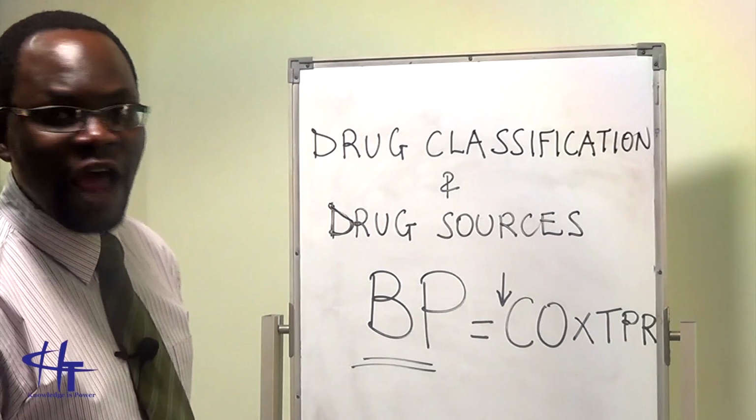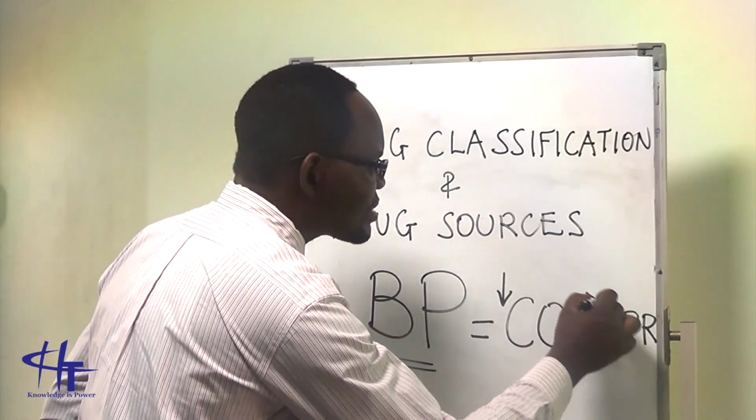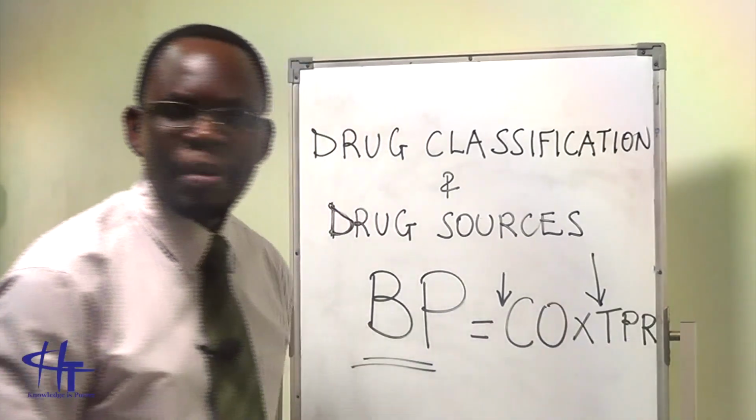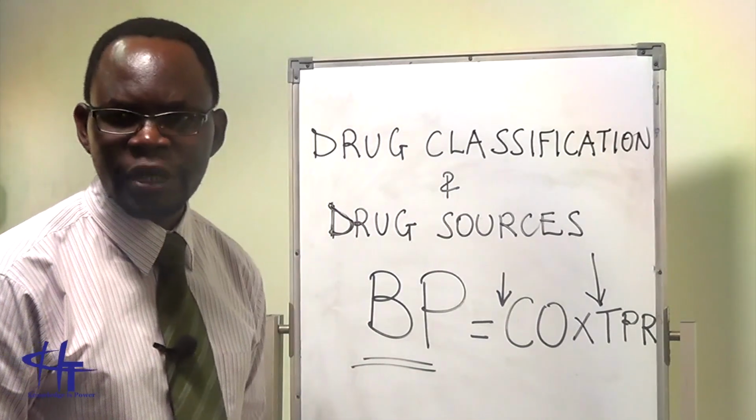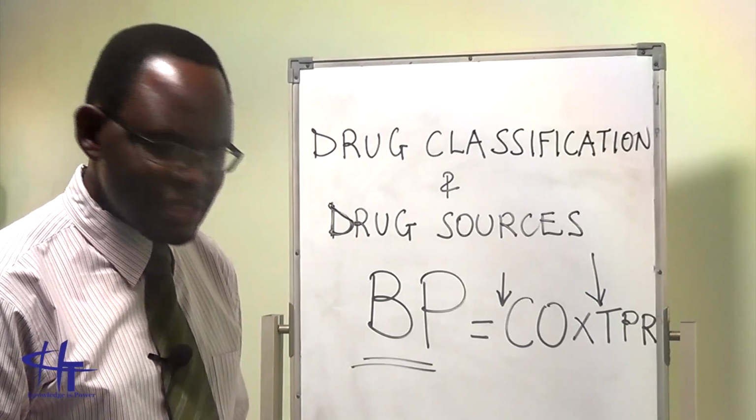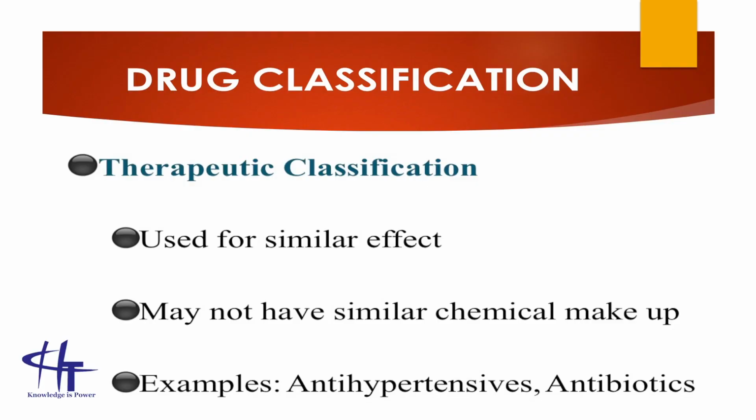Or if you give a drug that lowers the total peripheral resistance, then essentially that drug will have lowered the blood pressure. So that means these drugs do not necessarily have to work the same way, or have the same chemical makeup, or the same characteristics, but they end up doing the same thing.